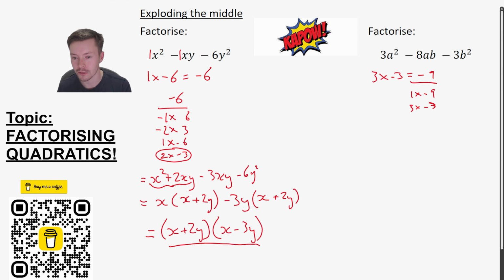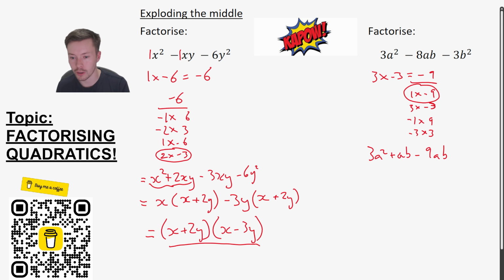So 3 times negative 3, and then negative 1 times 9, and then negative 3 times 3, which is exactly the same as this one anyway. So yeah, 1 times negative 9 is what I want. So, explode the middle: 3a squared plus ab minus 9ab minus 3b squared.